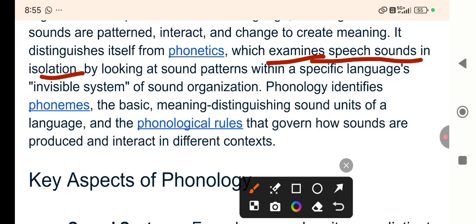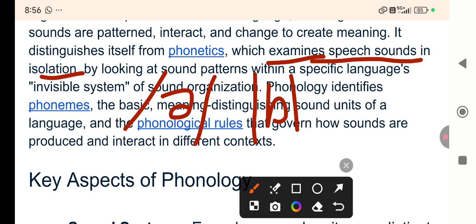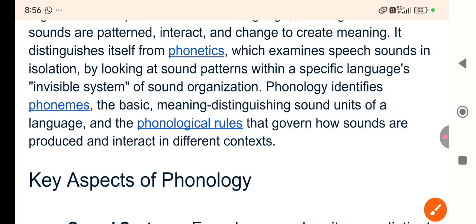In other words, phonetics examines speech sounds in isolation. Suppose this is schwa, right? This is the b sound, right? So that studies p, b, d, right? Okay.